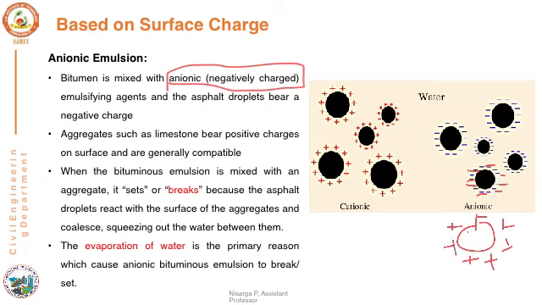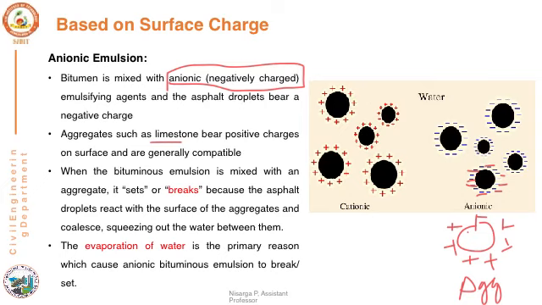So usually the anionic emulsion is suitable for aggregates which bear positive charges. An example of such aggregates is limestone. So if you are using limestone in your bituminous road construction work, we can use the anionic emulsion.